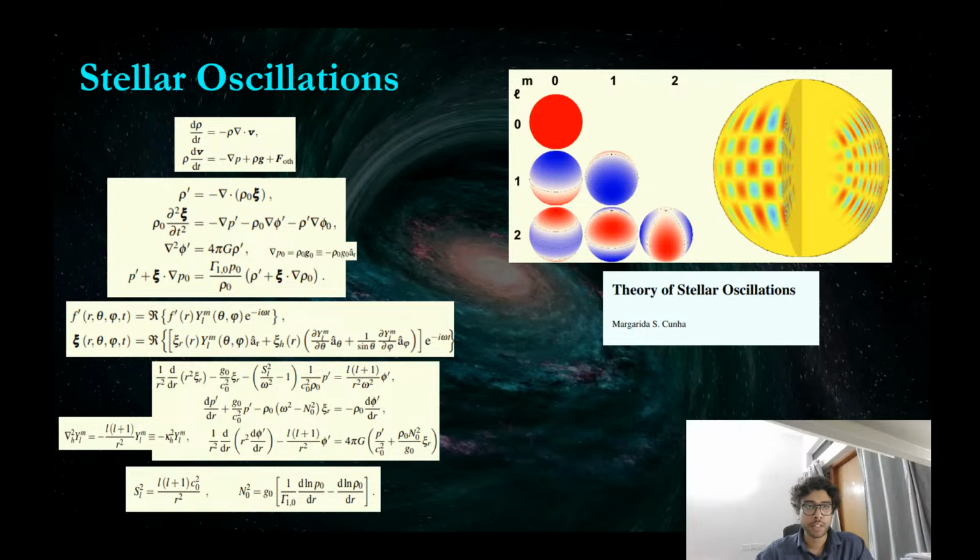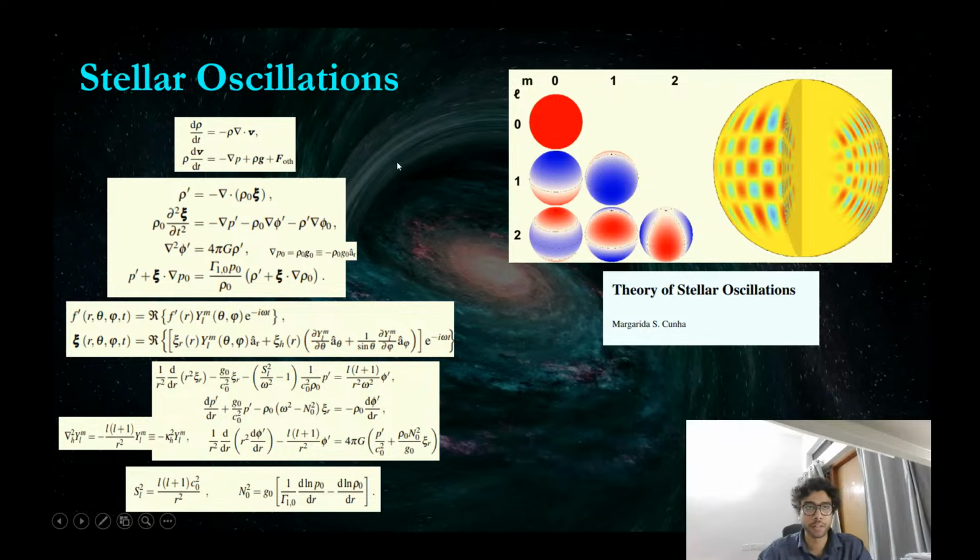And what we'll do is that using these three equations, we'll introduce perturbations of the density, velocity, pressure, and also the potential, the phi, right? And those perturbations are represented with a dash. So rho dash is basically the perturbation, and we'll neglect all higher order terms in the perturbation.